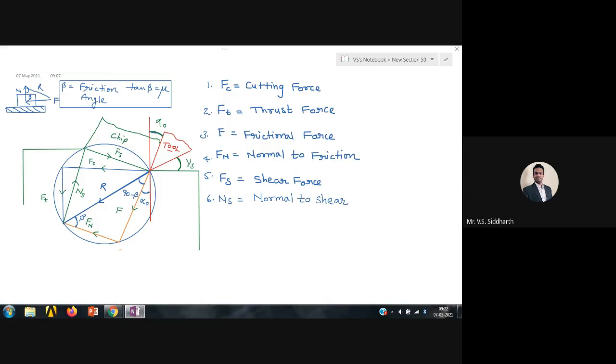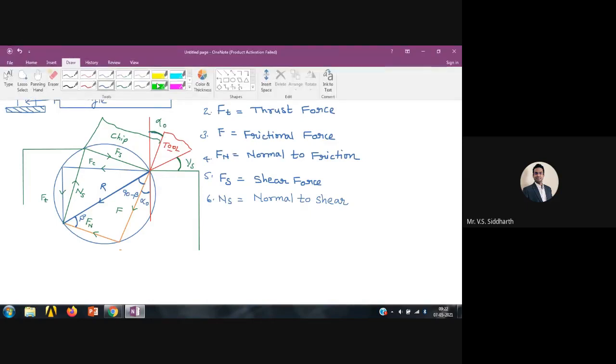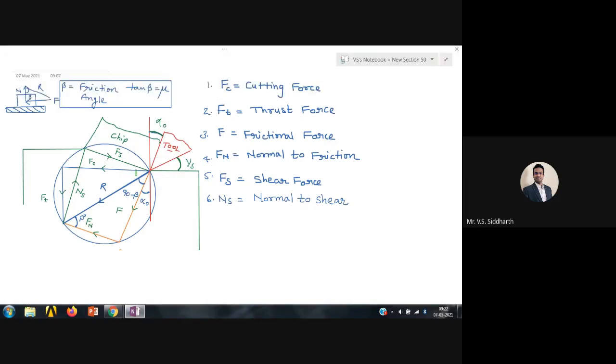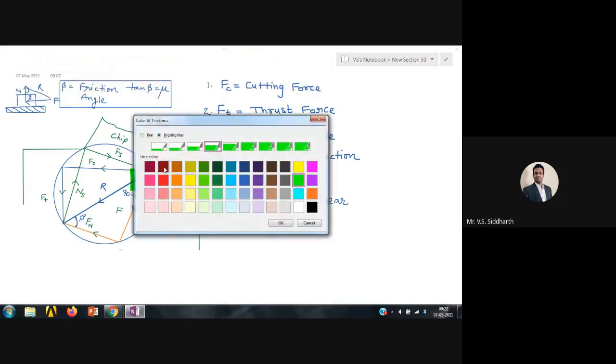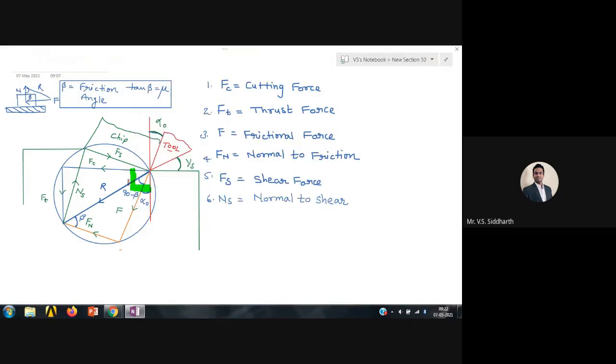Now, from here to here, this whole angle is 90 degrees. If that whole angle is 90 degrees, then what is this angle? Tell me.